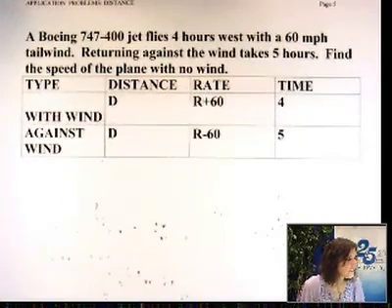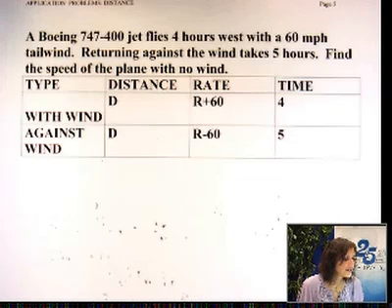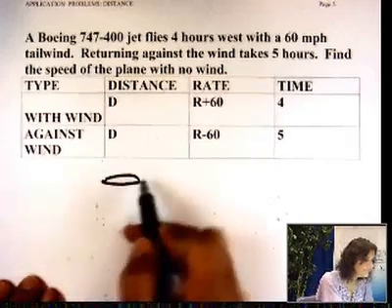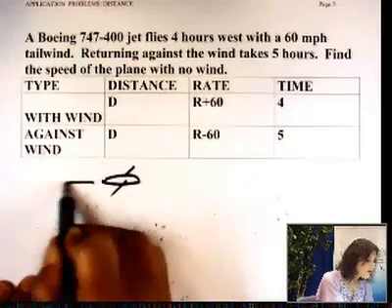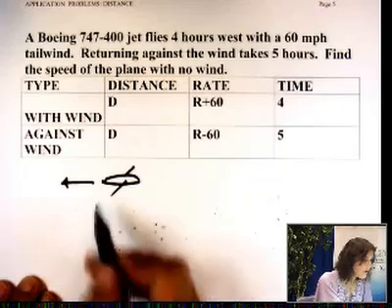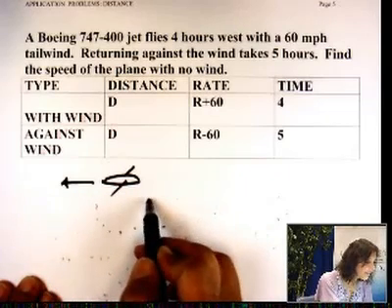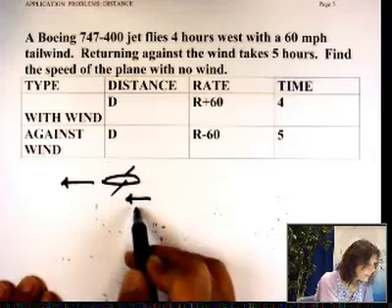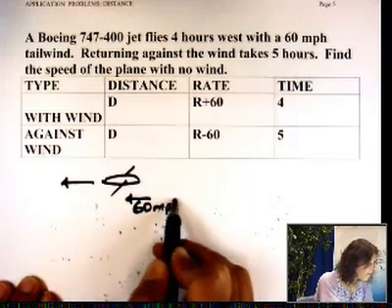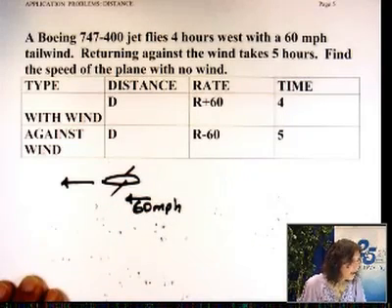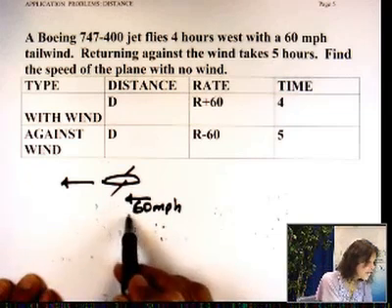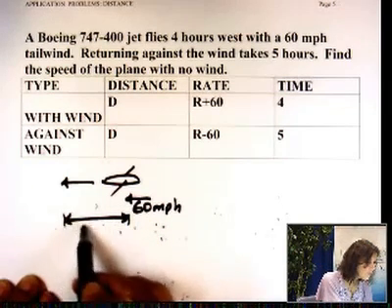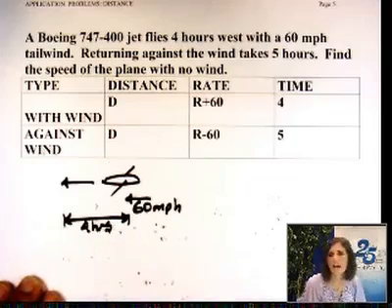A Boeing 747 jet flies 4 hours west with a 60 miles per hour tailwind. Here's your plane, east-west, he's going west. With a 60 miles per hour tailwind, that means the wind is helping you. Returning against the wind takes 5 hours. So he goes from here to here in 4 hours because the wind is helping him.